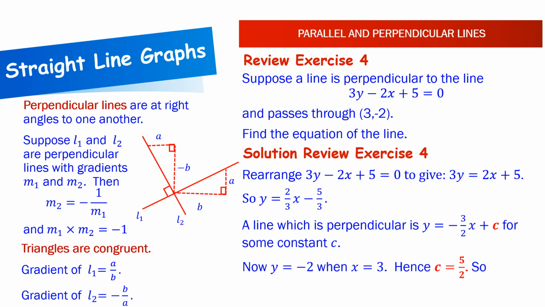So we can now substitute c in the equation to give y equals minus 3 over 2 x plus 5 over 2. So this is the line passing through (3, -2), which is perpendicular to 3y minus 2x plus 5 equals 0.